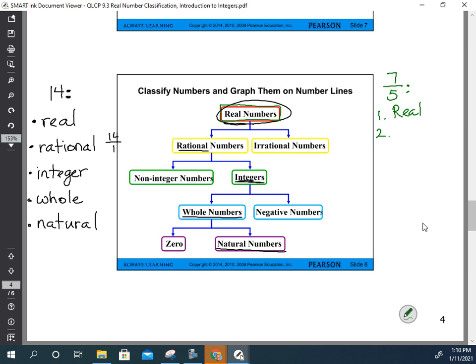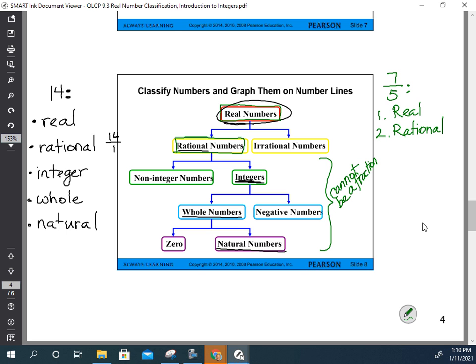So your next question is, can I write 7 over 5 as a fraction? Yeah, it's already a fraction. That makes it a rational number. So here's why it's not an integer. In order for it to be anything below, it can't be a fraction anymore.